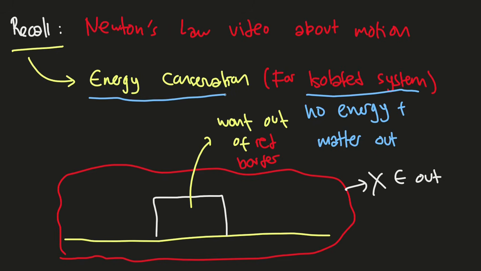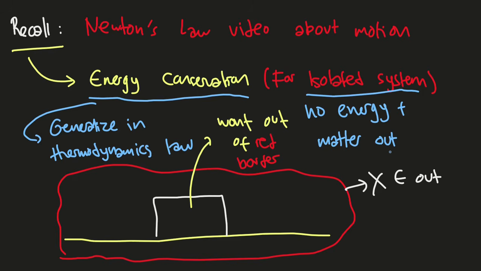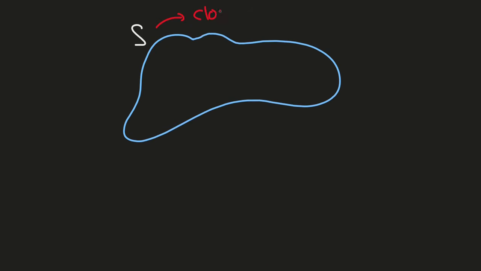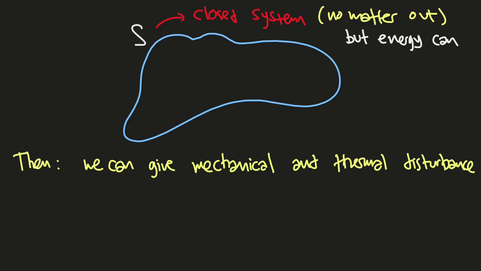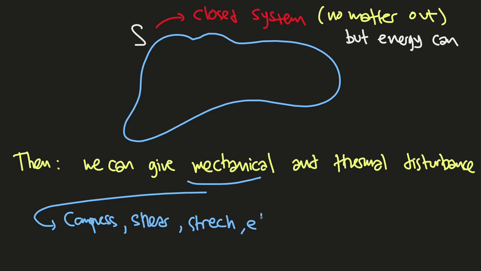So here we want to generalize this by using the thermodynamics law. Imagine we have S as a closed system, where no matter goes out but energy can. Then we can give mechanical and thermal disturbance as energy. By the mechanical part, we can compress, shear, stretch, and so on.